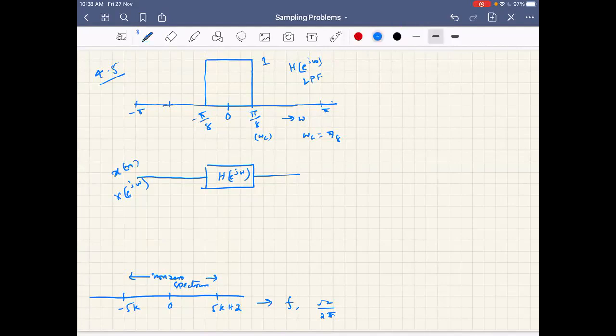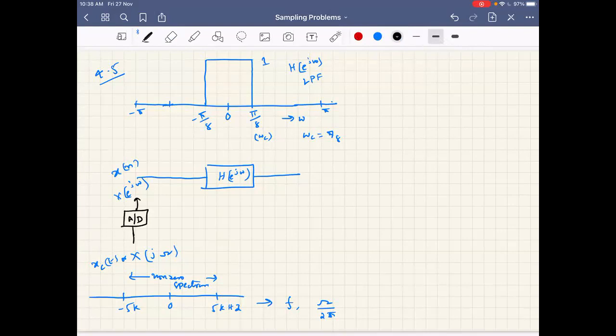So if this is X of j omega, or xc of t, we want to give this to an analog to discrete converter. What will be inside of this analog to discrete converter?